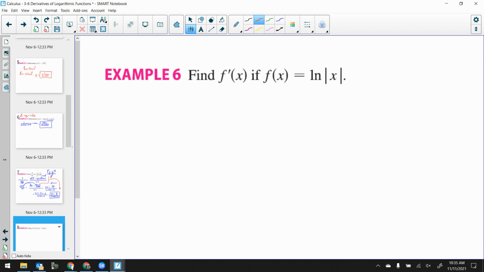So find f prime if f of x is equal to ln of the absolute value of x. Okay, well, let's try to take this piece by piece, right?